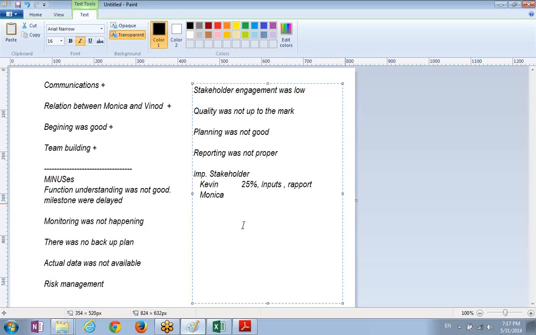But let me tell you one thing, for 6 months you are in the project. You think that this person is one of the important persons, and if he doesn't give so much commitment, we'll be facing a problem in delivering the project. Did you ever think of what this person wants? What have you done in the last 6 months to keep this person happy, if this person is so critical?